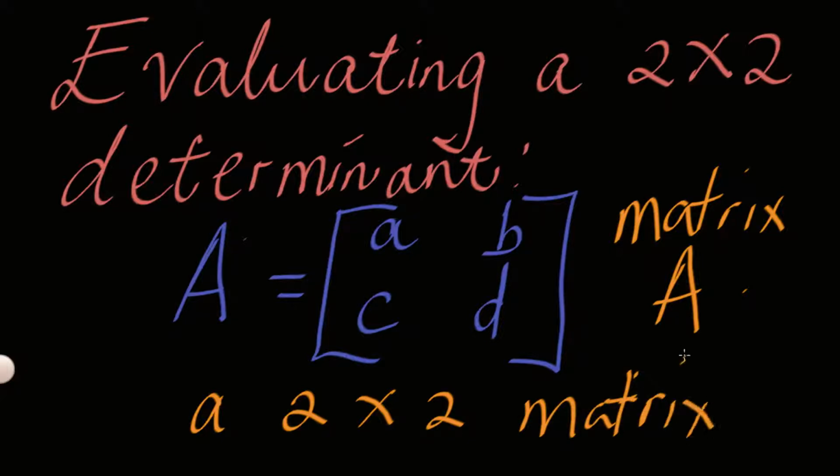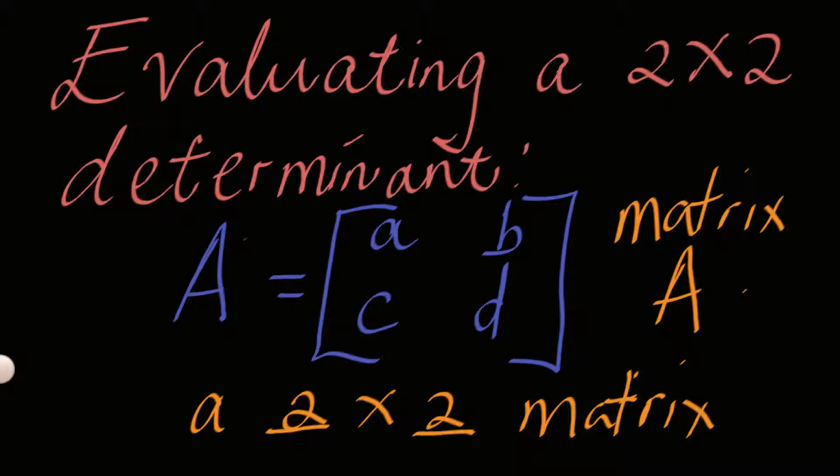The first 2 represents rows, the other 2 represents columns. So we have 2 rows and 2 columns. That's why we're calling this a 2 by 2 matrix.